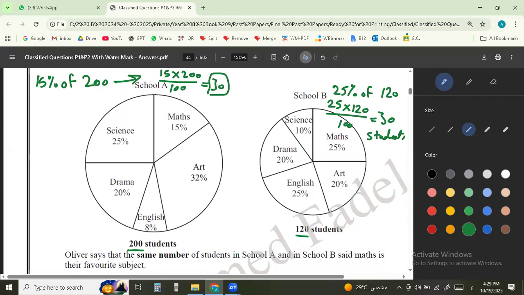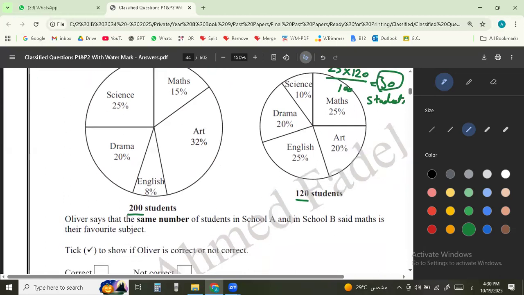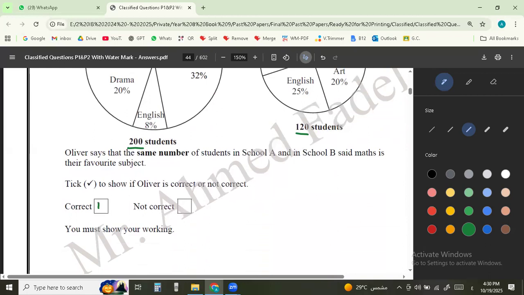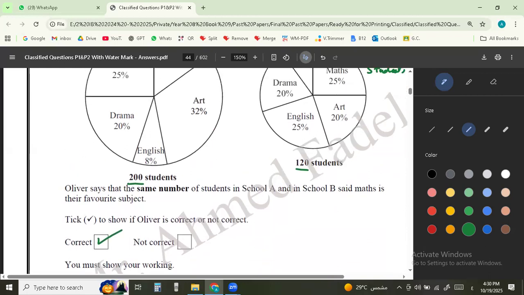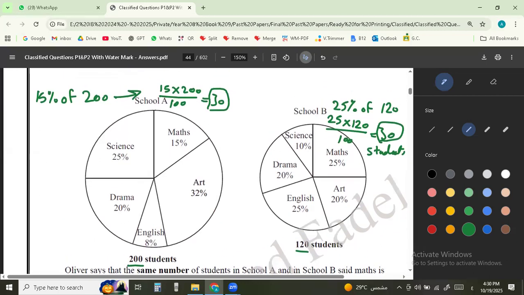By the way, you can just do this mentally. It's a quarter of 120, dividing by 4 is going to give you 30 students. And here also 30 students. So Oliver is correct. And where is my working? You're supposed to show your working down there. So I cannot copy this.